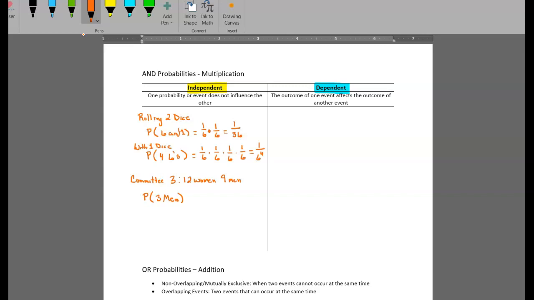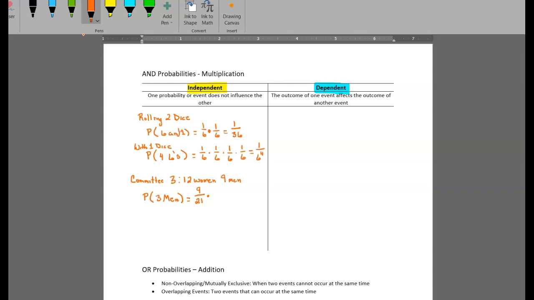Let's see what we can come up with, and then we're going to talk about if this is really an independent event or not. So if I want 3 men, I pick 1 man, so that's 9 possibilities out of 21 times, well, wait a minute, I don't have 9 more men because I've already picked 1.